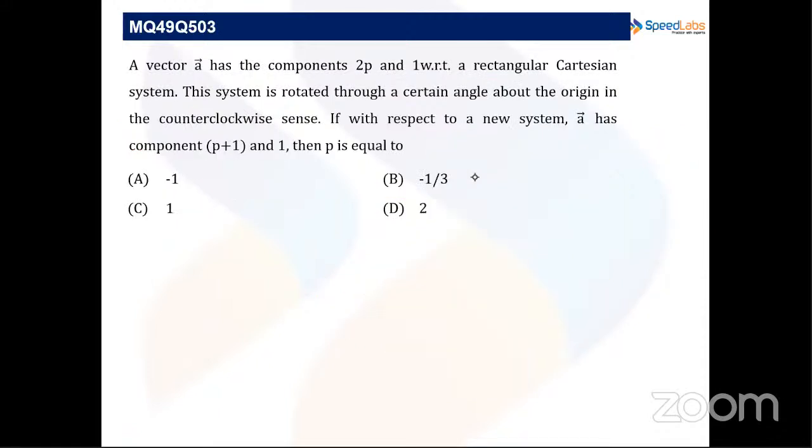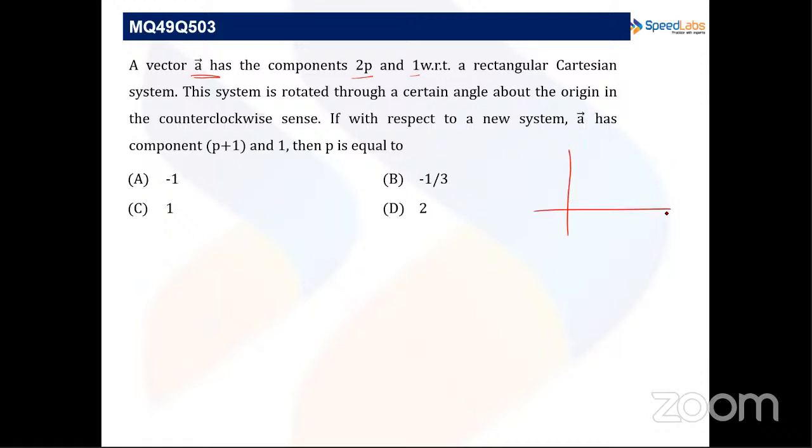Moving to the next question, we are given a vector A has the components 2p and 1 with respect to the rectangular Cartesian system. This system is rotated through a certain angle about the origin in the counterclockwise sense. If with respect to the new system A has components p plus 1 and 1, then p is equal to what.